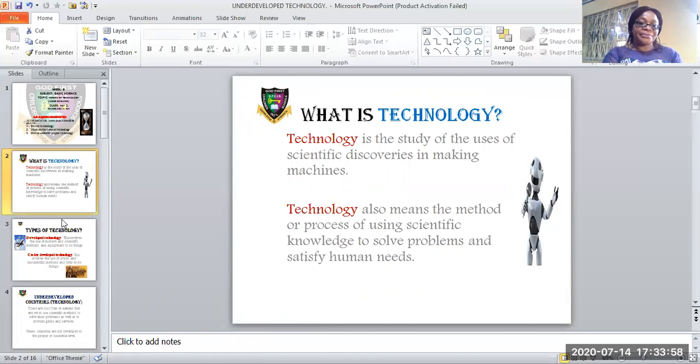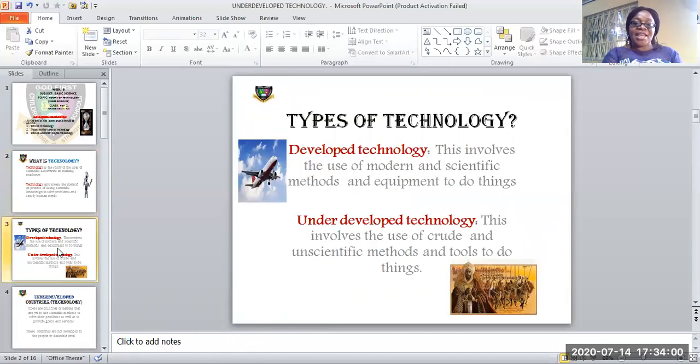Very good. Now, we moved on to saying that there are two types of technology, the developed technology and the underdeveloped technology. The developed technology involves the use of modern and scientific methods and equipment to do things.